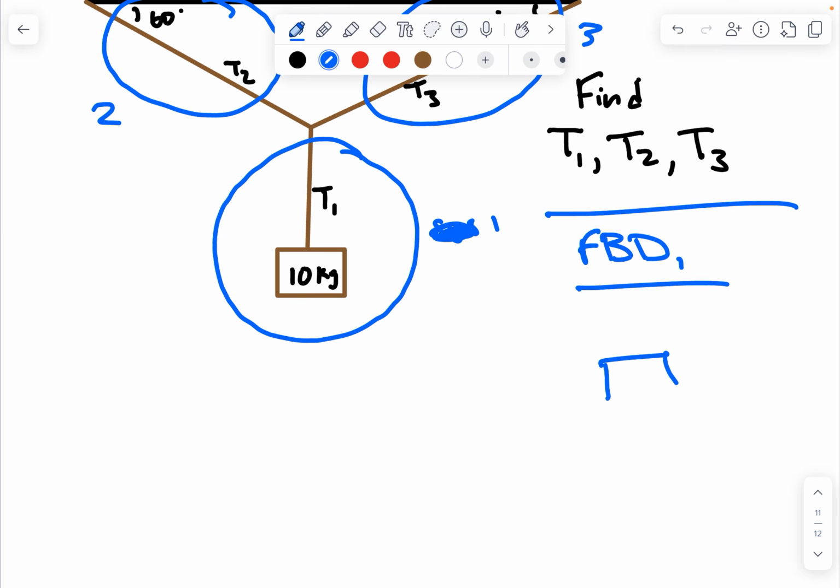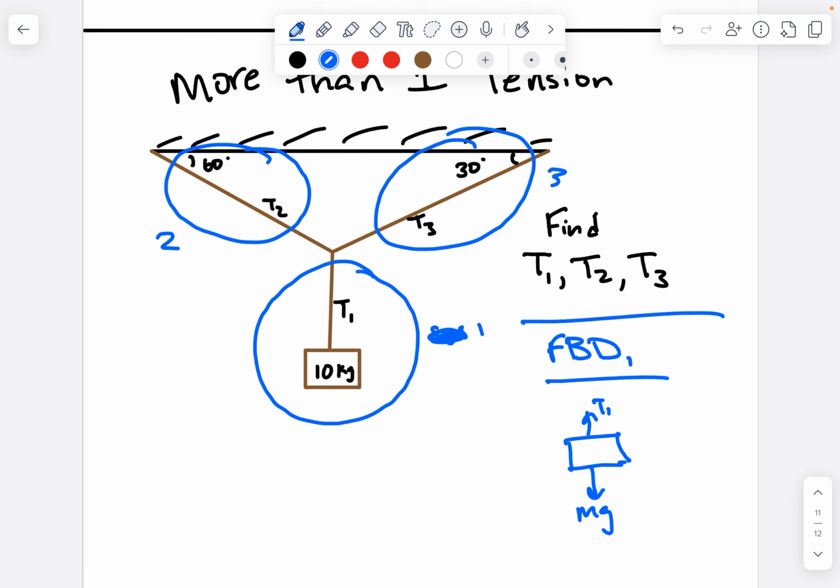We have our element. We have its weight force being mg, and we have T1. I'm going to write T1 in this case because the three tensions are not equal, because it's three different ropes.